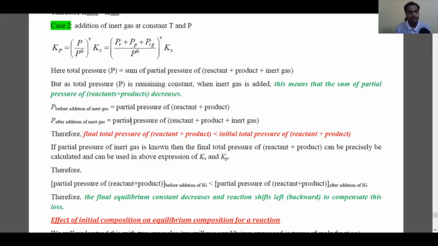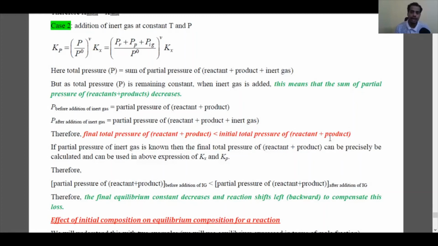Again I am repeating, the total pressure remains constant when inert gas is added. This means the sum of partial pressures of reactant and product will decrease, then only will the total pressure remain the same. Therefore the final pressure of reactant plus product, after addition of inert gas, will be less than the initial total pressure of reactant and product.